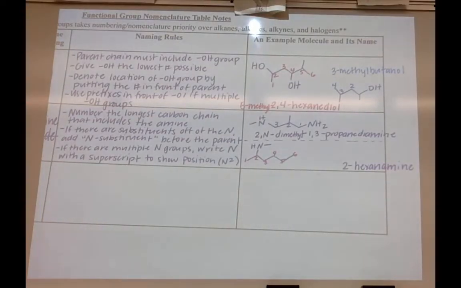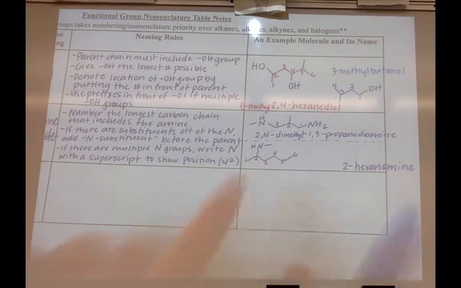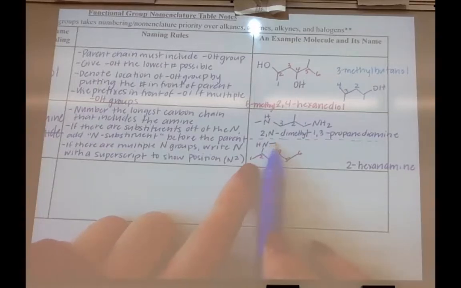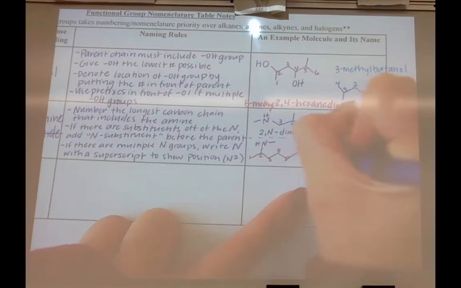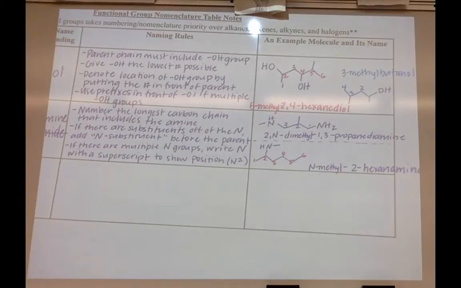Any substituents? Maybe not off the parent chain itself, but we have something off the nitrogen. Off the nitrogen here is a methyl, which means that our prefix would just be N-methyl-2-hexanamine.